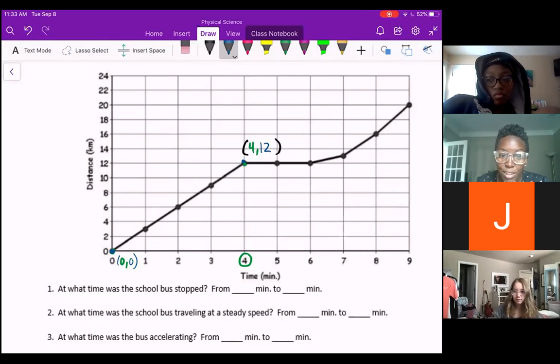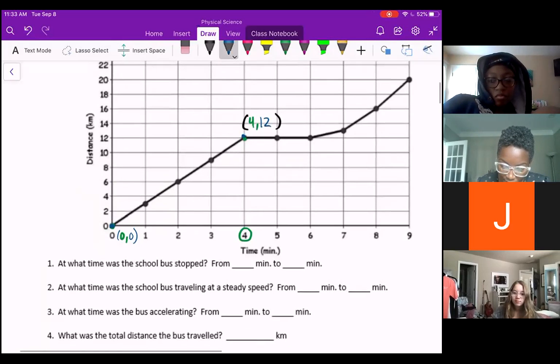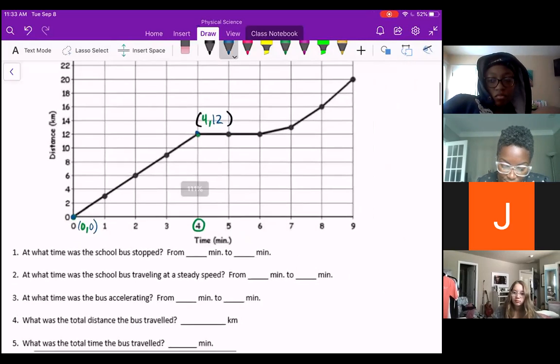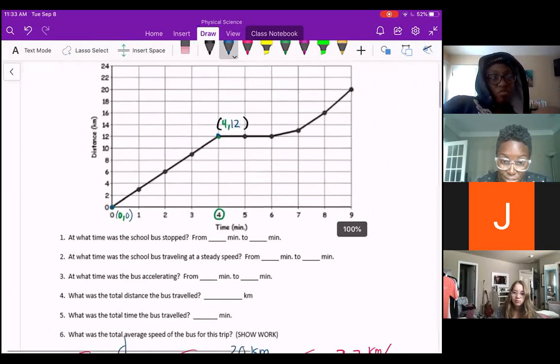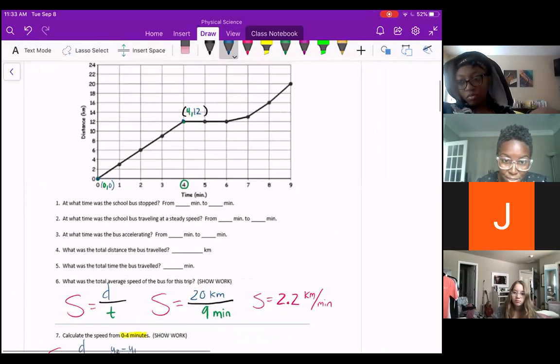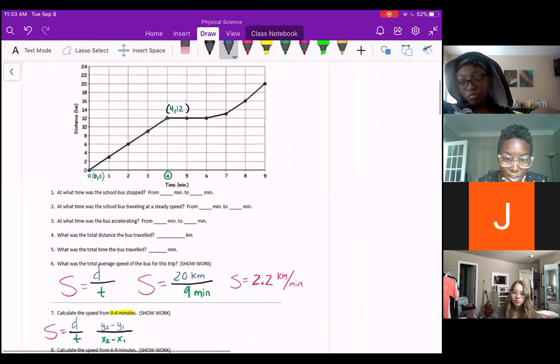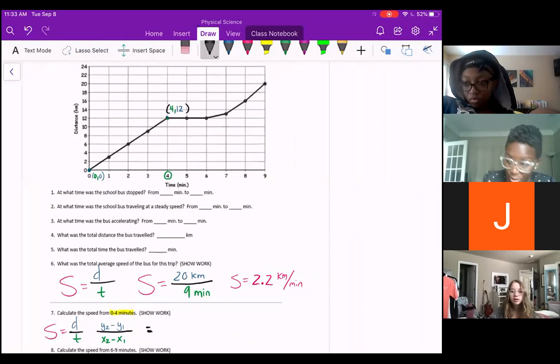Okay, so now we're just going to take these and we're going to subtract them. It's going to be kind of tiny, but I want you to be able to see the graph too. So down here, when we did rise over run, now I'm just going to fill in those numbers.